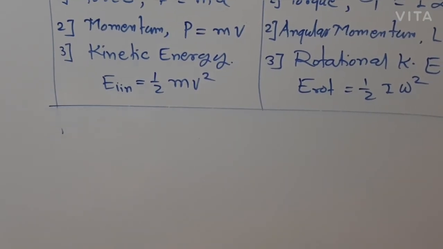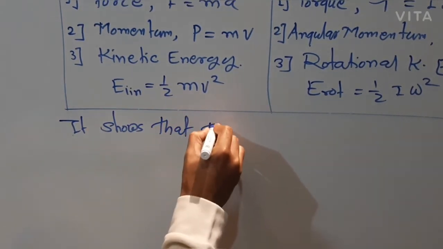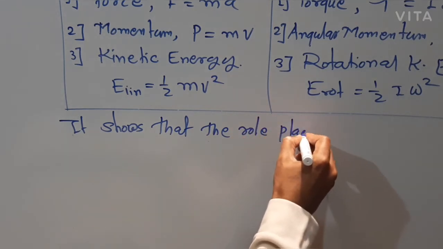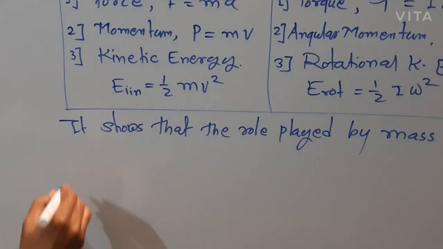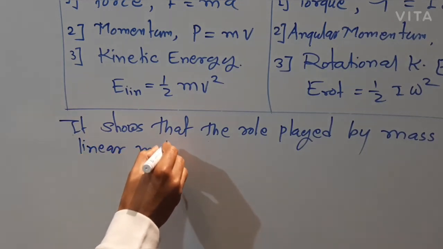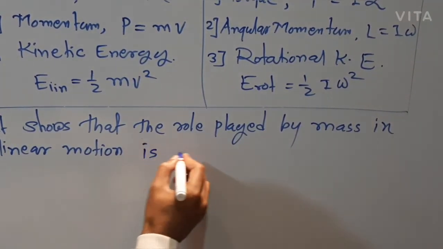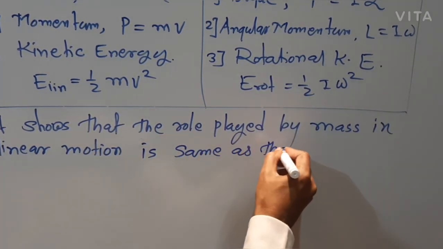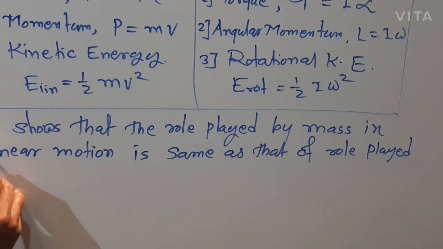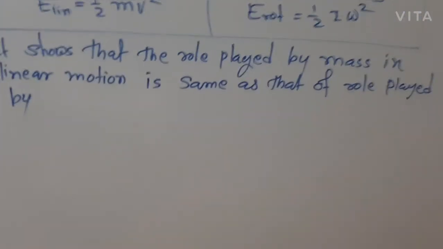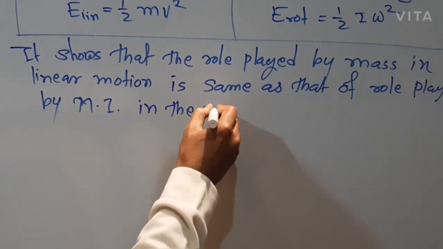So write down: it shows that the role played by mass in linear motion is same as that of the role played by moment of inertia in rotational motion.